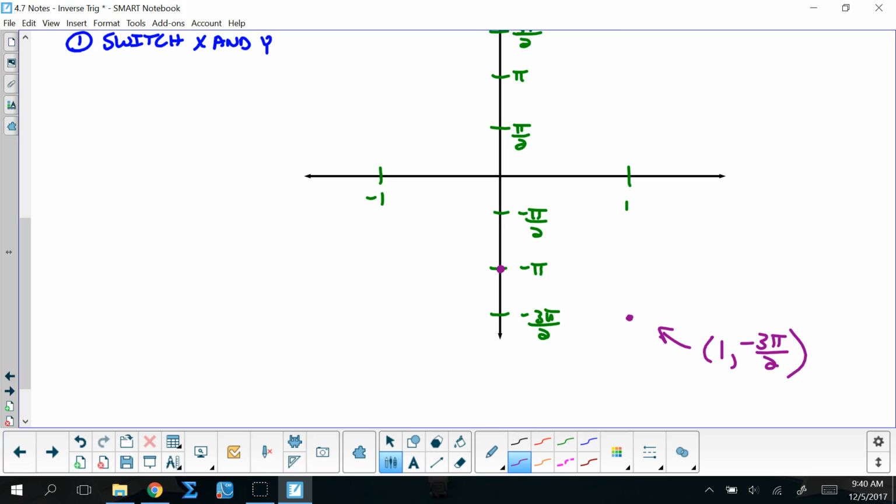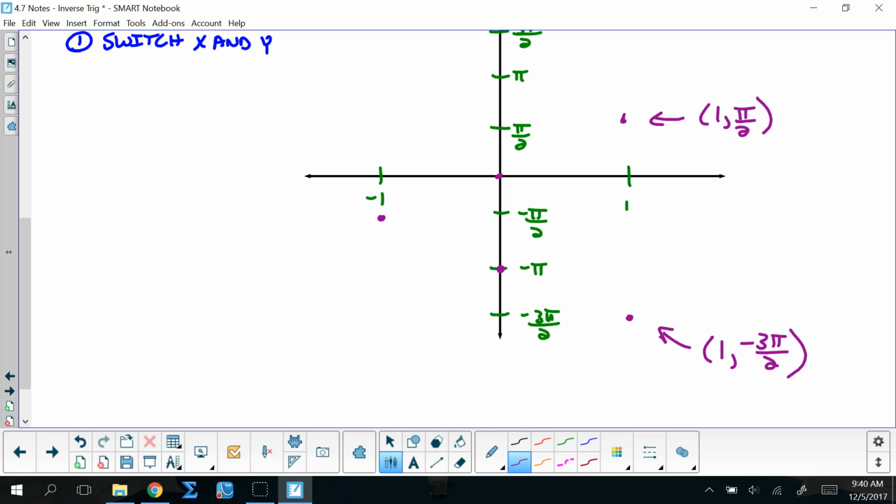So that means I'm going to be at the point negative 1, comma, negative pi over 2. I started sine of x at the origin, so the inverse will also go through the origin. At pi over 2, we were at positive 1. So that's going to be the point 1, comma, pi over 2.